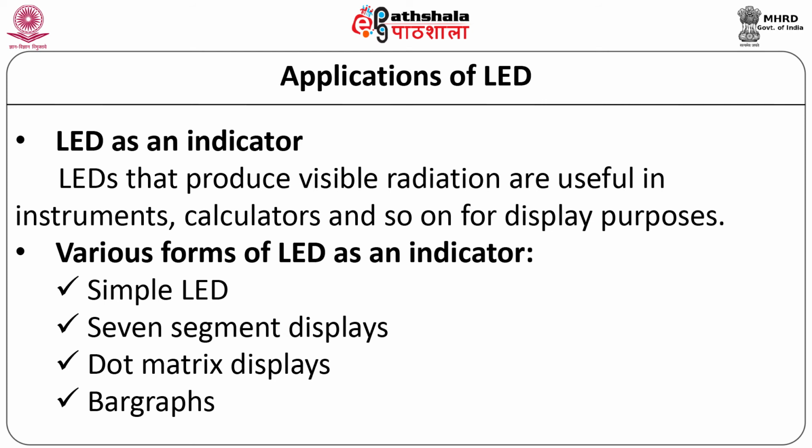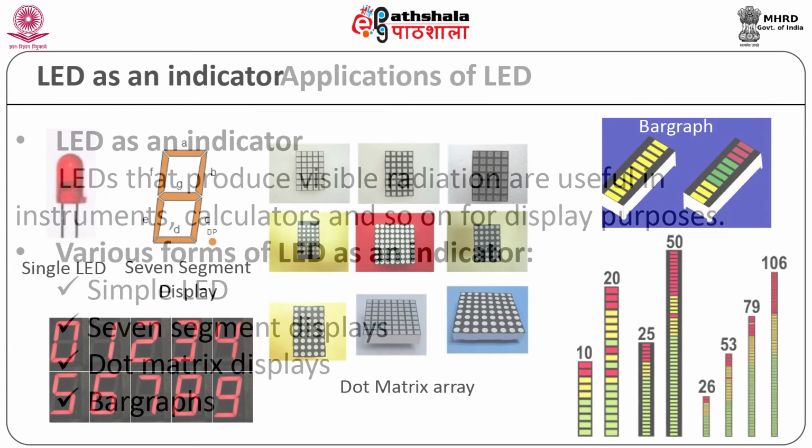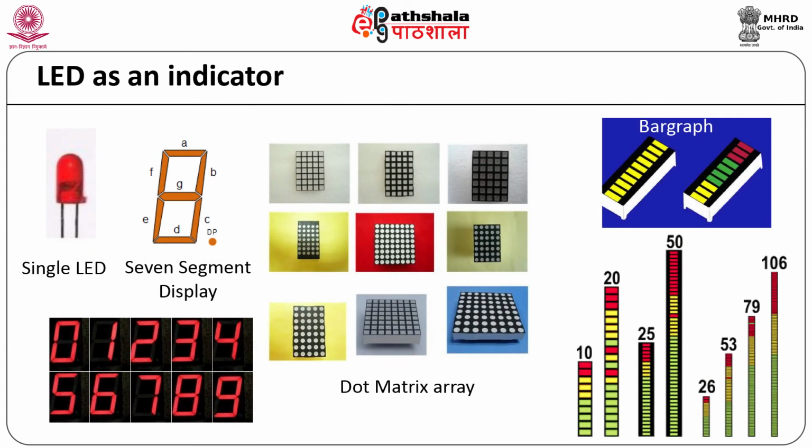This is a 7-segment display where actually 7 LEDs are constructed in a particular fashion. This 7-segment display is capable of showing letters or numbers from 0 to 9. You can see the image where, according to our requirement, any one particular LED can be glown and any number can be displayed on the display.